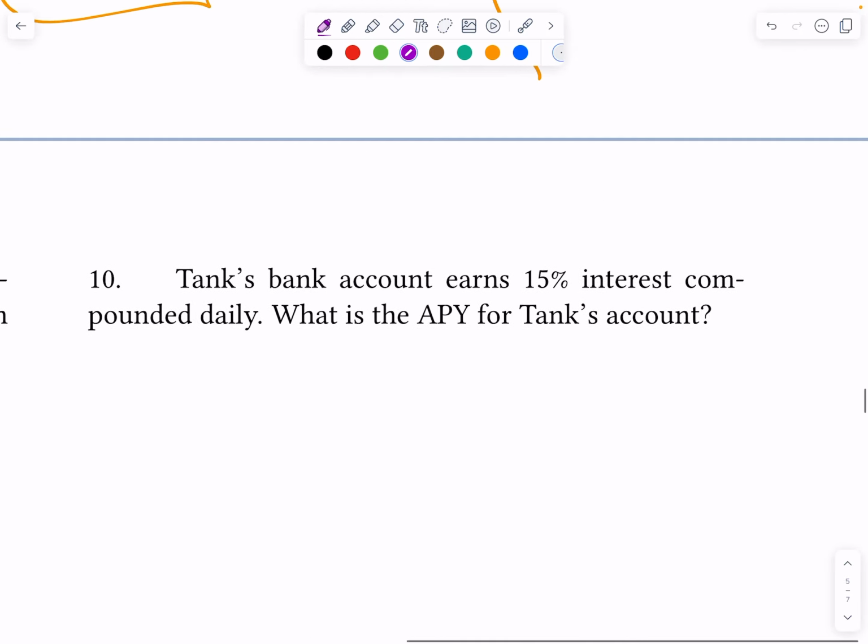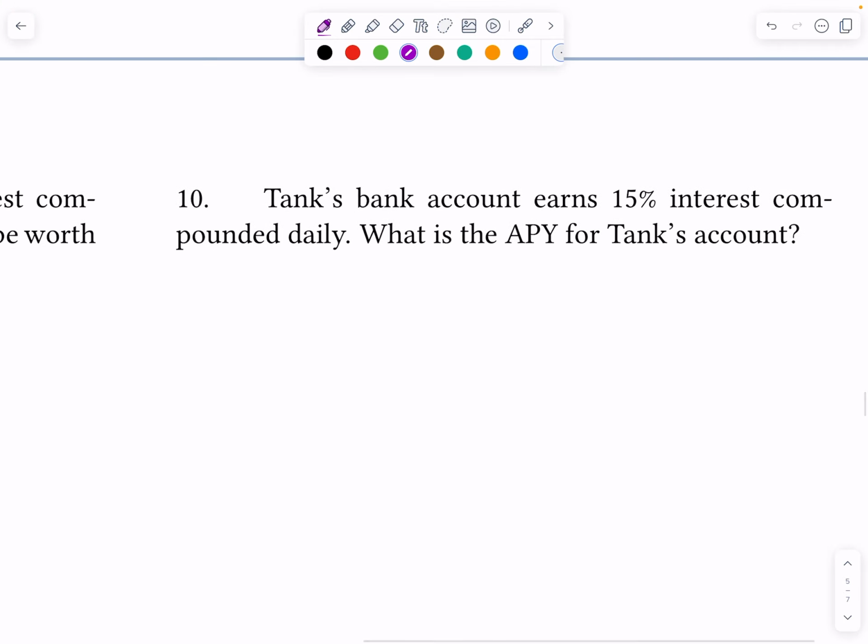Okay, so we're up here with Hank now. We have 15%. We never went over APY, so let's just say that this is not on the exam, but interesting.